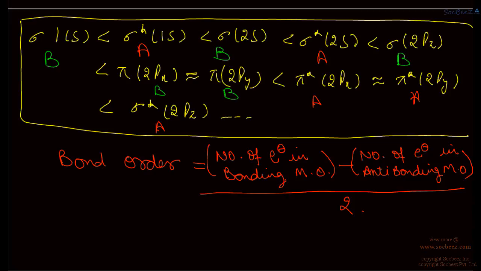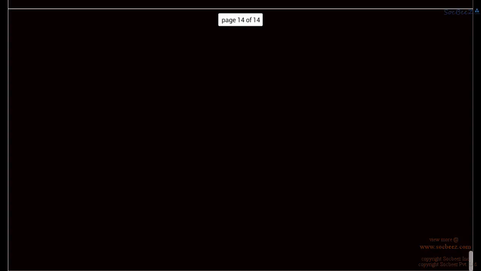This is the formula to calculate the bond order for any molecule, and bond order signifies the total number of bonds between the atoms of that particular molecule. Therefore, bond order is used to determine whether a given molecule is stable or not. Suppose we are given helium, the He2 molecule. Does the He2 molecule exist? Let's see.